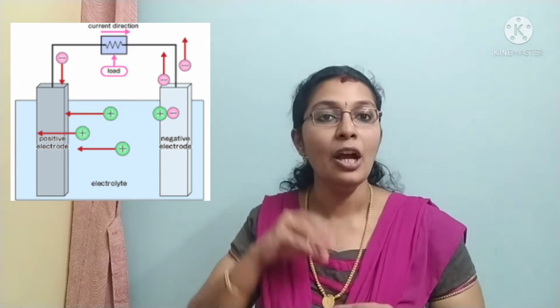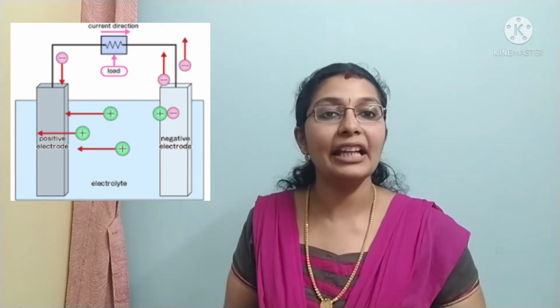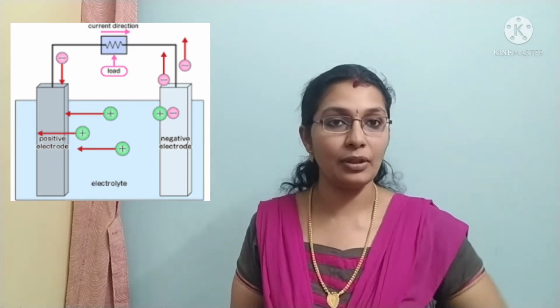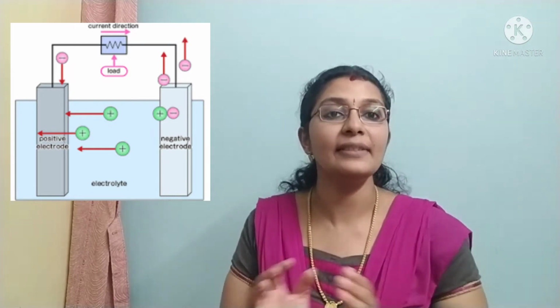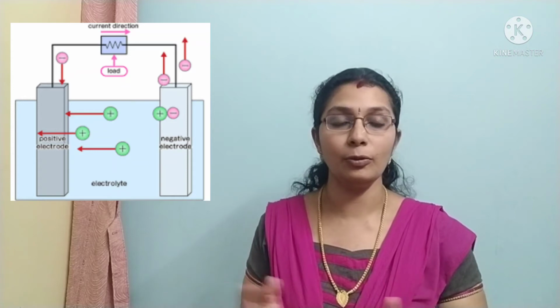Because of the presence of the electrolyte, there is a chemical reaction that takes place inside a battery. As a result, the positive charges that are present in the electrolyte move towards the cathode, and the negative charges that are present inside the electrolyte move towards the anode. Now, because of this, there is a potential difference between the two.